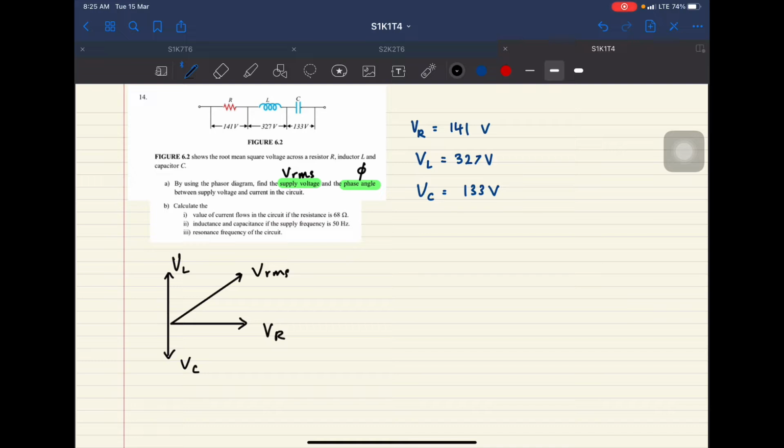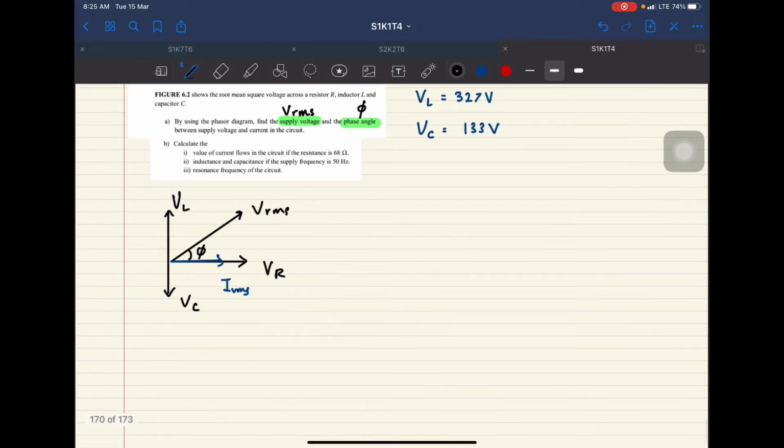Okay, so the angle between VRMS and I, the current, which is in this direction, is your phi.